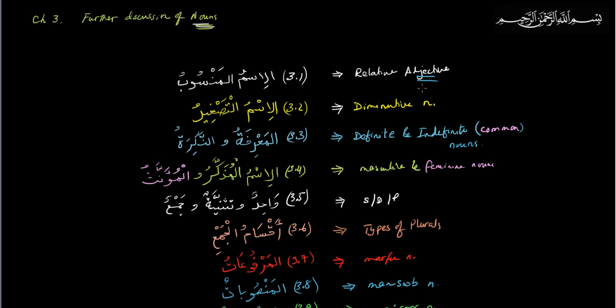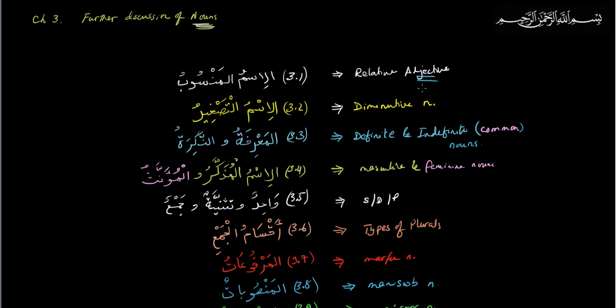Things like Baghdadiyun, for example, from Baghdad, or Sarfiyun, somebody who's an expert in sarf. It's a noun describing a particular quality of a person, like Hindiyun, somebody who's Indian. That's Ism Mansub, relative adjective, how to describe a person based on an adjective. That's the first section. How do you construct these nouns?